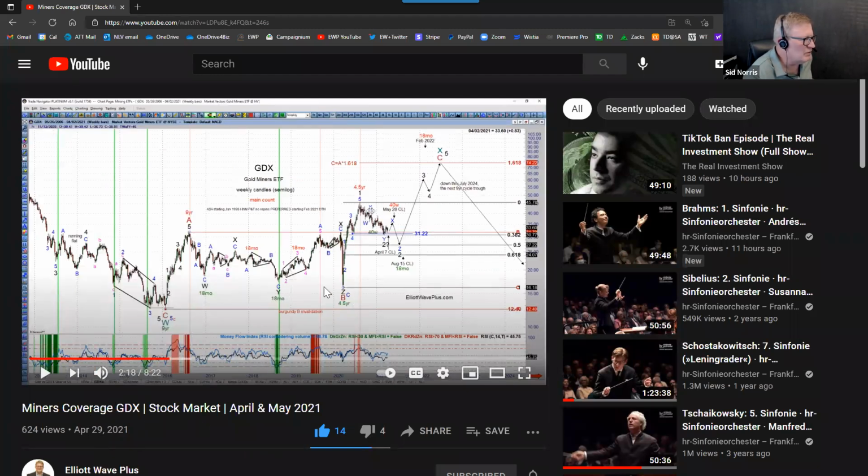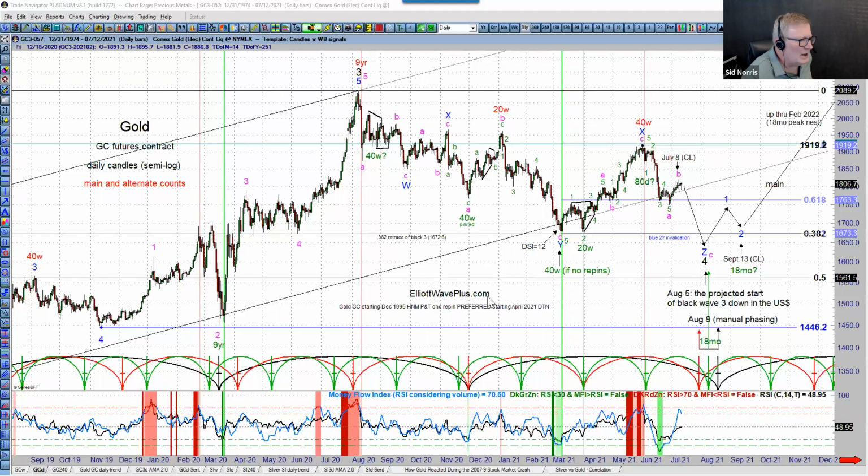On April 29th, at that time I was calling for gold to put together a triple zigzag down into August, a W, X, Y, X, Z. And that was in late April. And here is my current gold roadmap, that it's correcting in a W, X, Y, X, and Z.